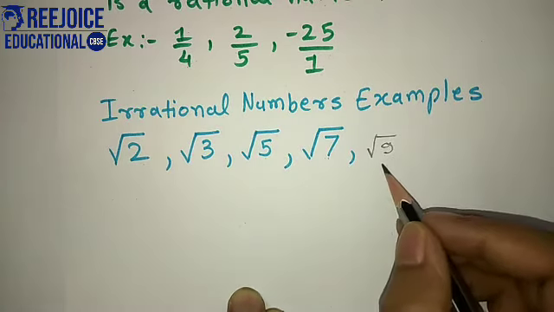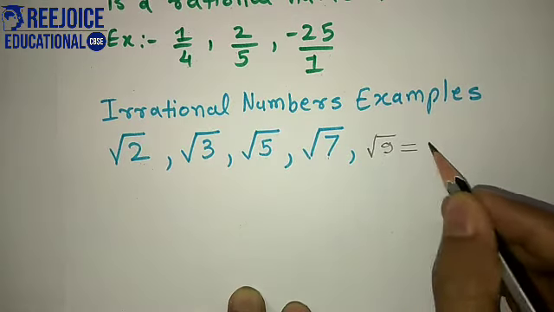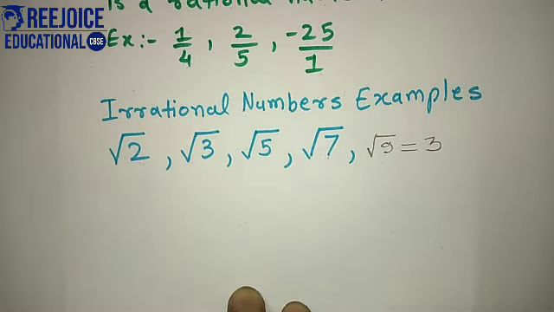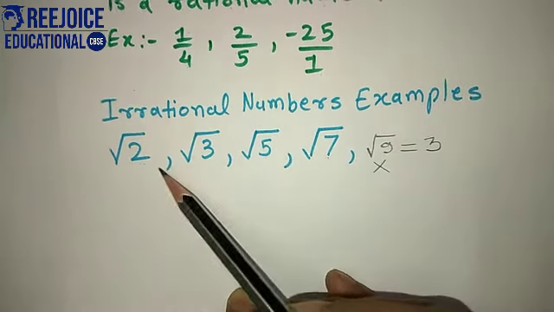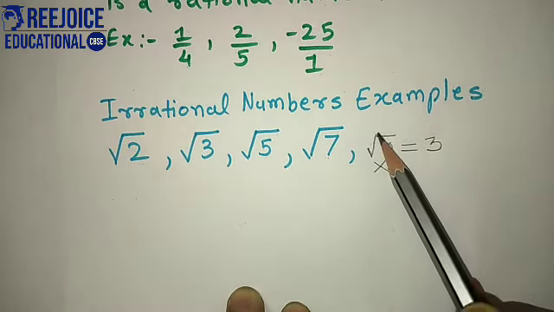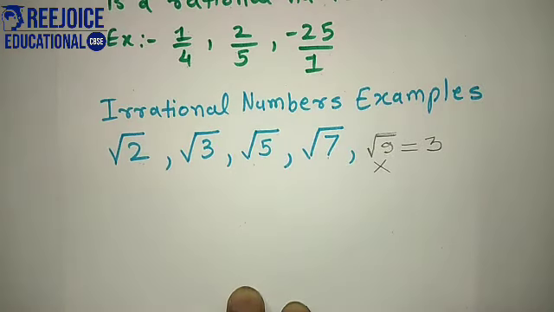No, we cannot, because under root 9 is equal to 3. That's why under root 9 is not an irrational number. But other than under root 9, all the other examples are irrational numbers. In this way we can also understand the meaning of irrational numbers.